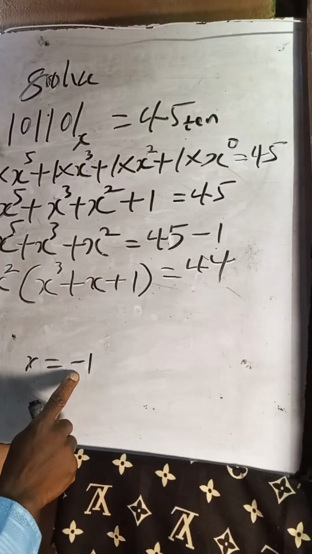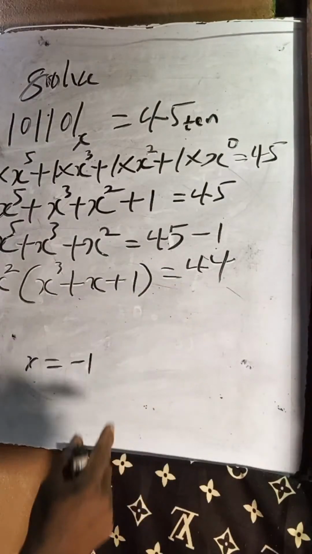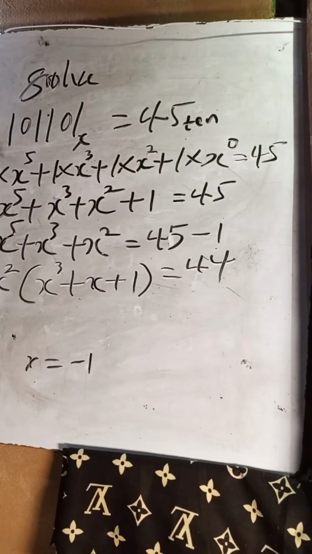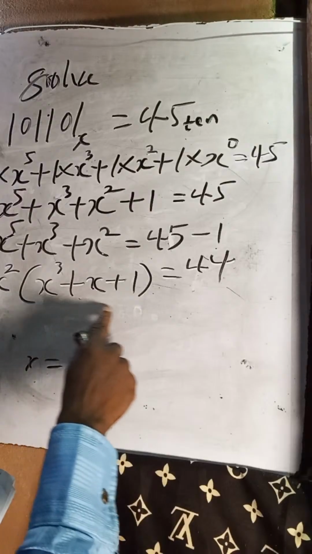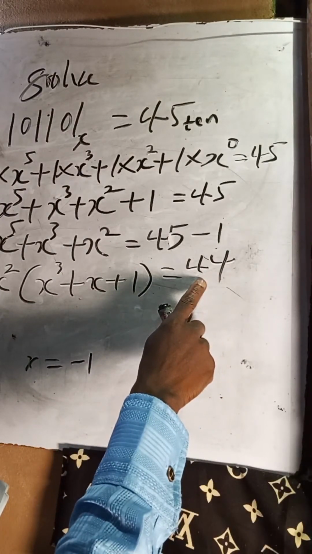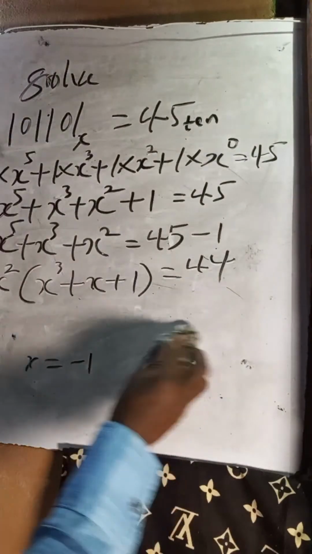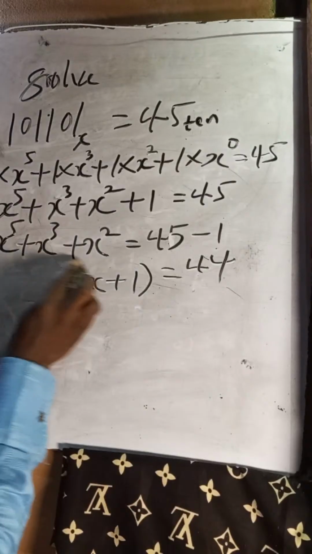Here we are looking for this. We can solve this together. This is 44. So this is what will happen.